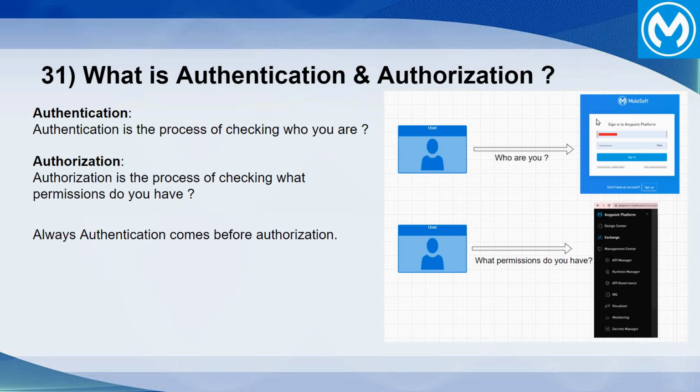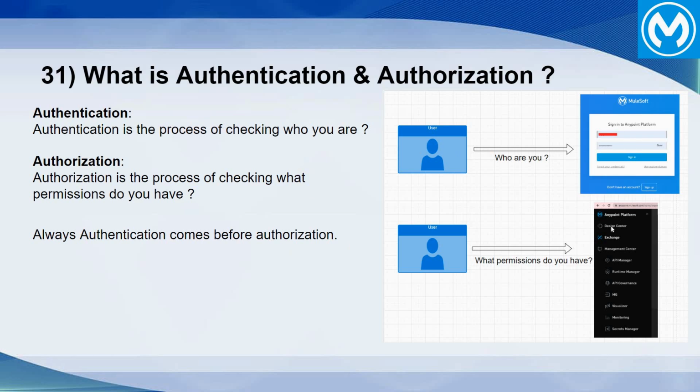If he enters wrong credentials, it's an authentication failure. Now once he logs in successfully, what are all the features he can access? That comes under authorization. Always authentication comes before authorization.